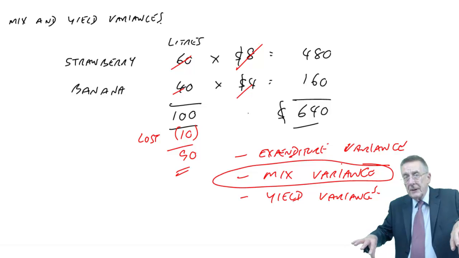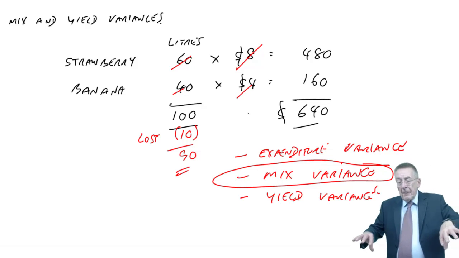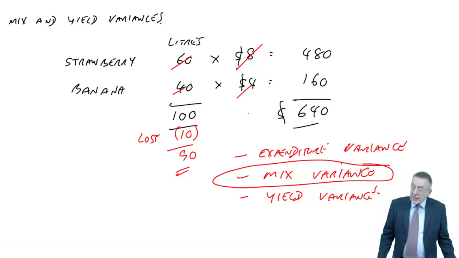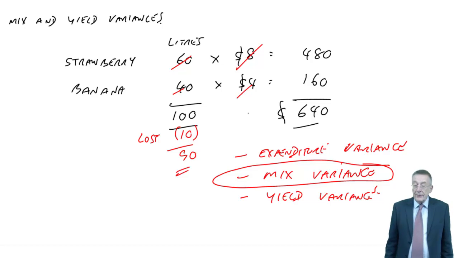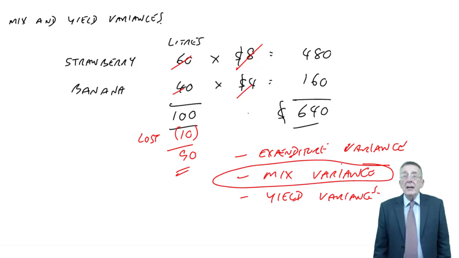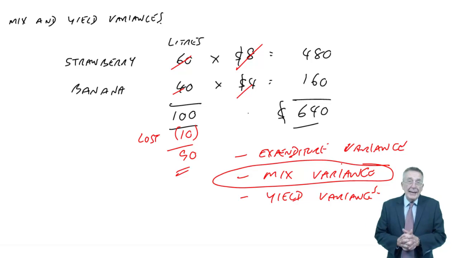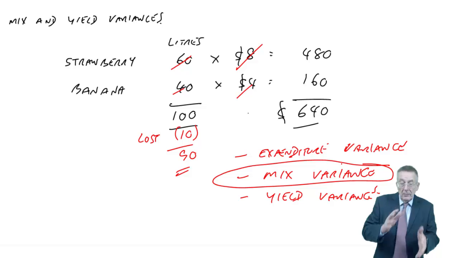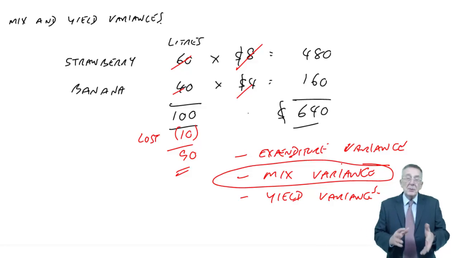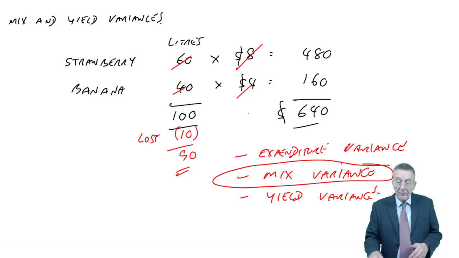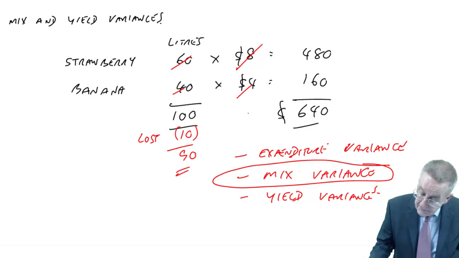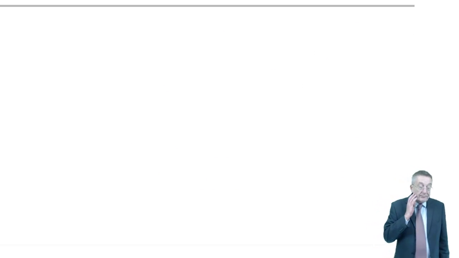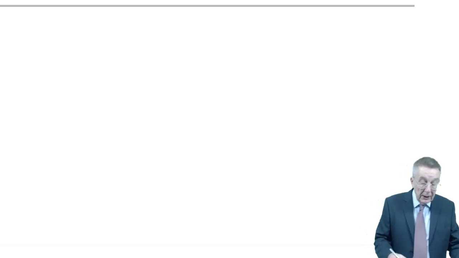They're two separate things. So the examiner will make it perfectly clear that mix and yield is wanted. But I'm just stressing that it's only when we can replace or substitute one with the other. Anyway, I hope you're clear as to what the basic problem is, but now let's look at an example.